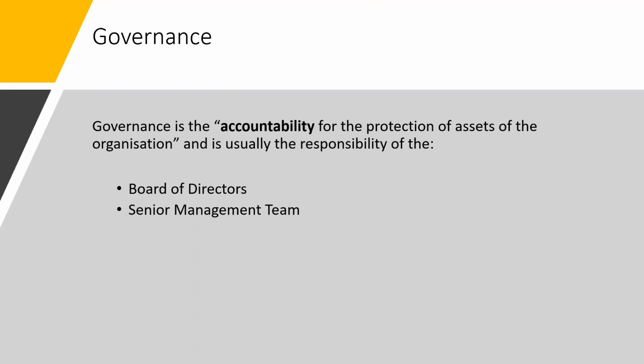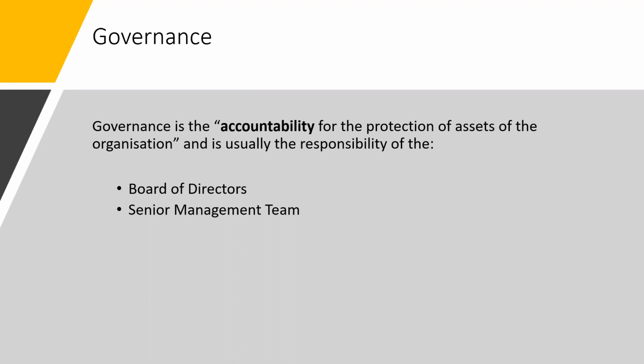What is accountability? That means that they're answerable to regulators, to shareholders, to customers, to employees, answerable to them about any matters that may arise regarding the protection of assets of the organization, including information assets.